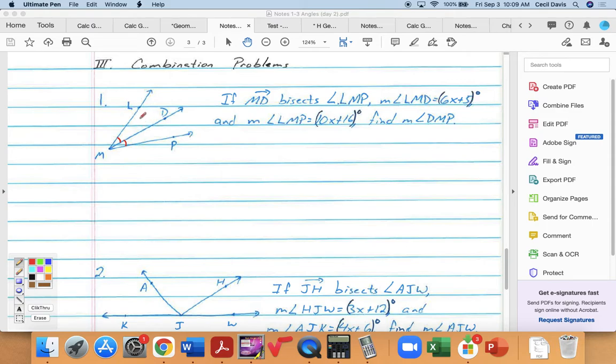LMD, which is this top angle, is 6x plus 5. And instead of giving you the other half this time, they give you the whole angle, 10x plus 16.